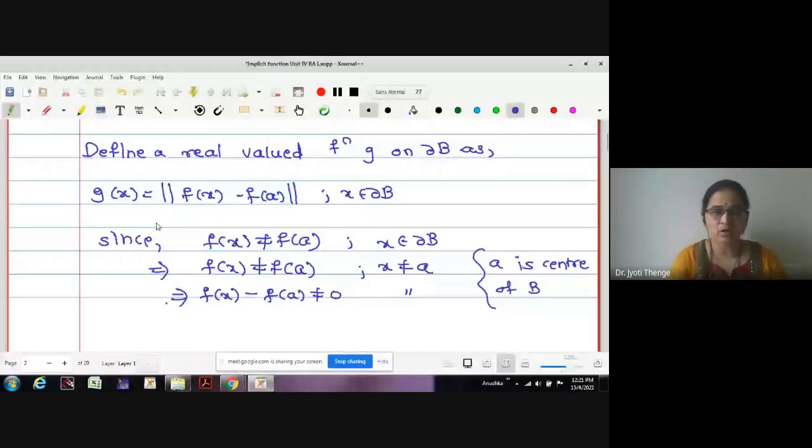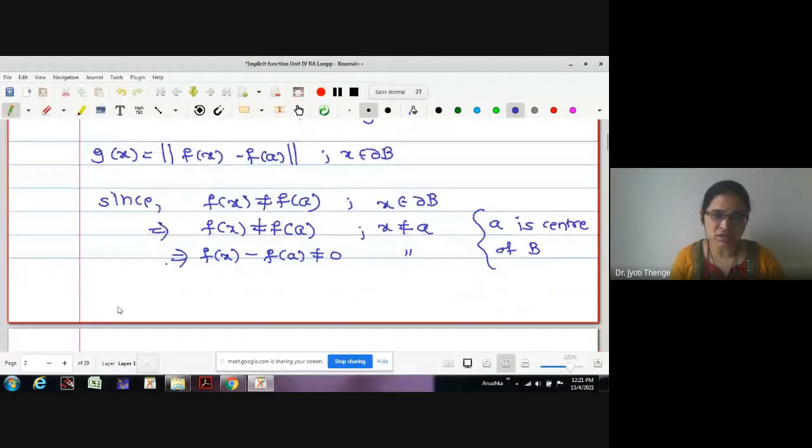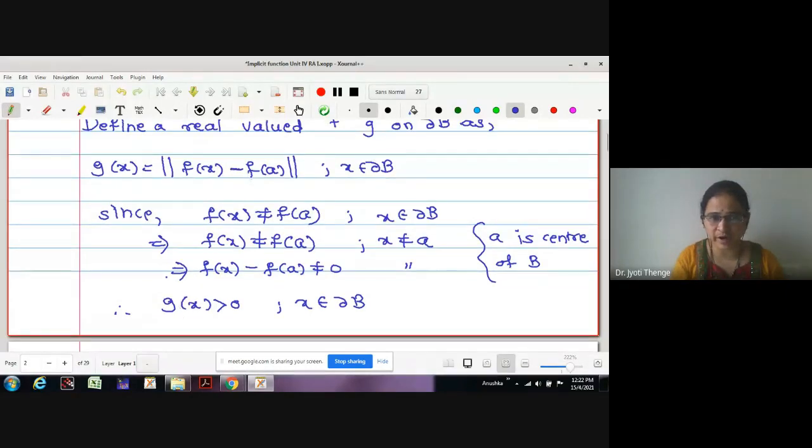It has to be non-zero, rather positive. Therefore, may I write g of x is greater than 0 for x belongs to dou B. Is everyone getting me? The distance between the 2 points f(x) and f(a), where f(x) minus f(a) is a non-zero vector, must be greater than 0, a positive distance.